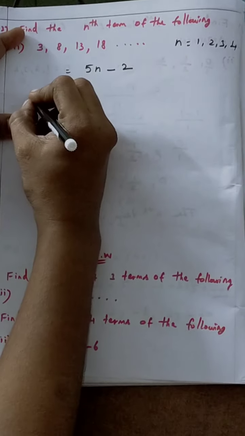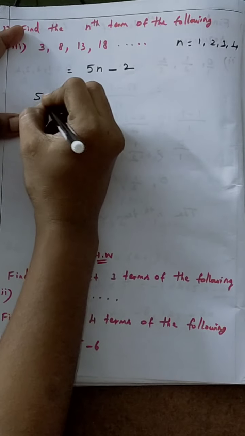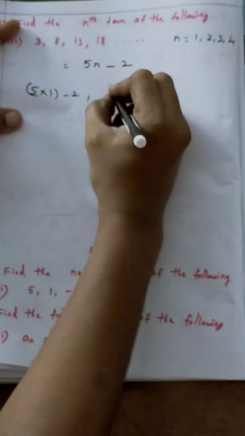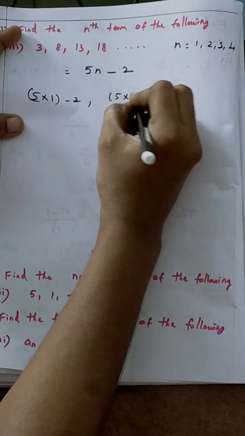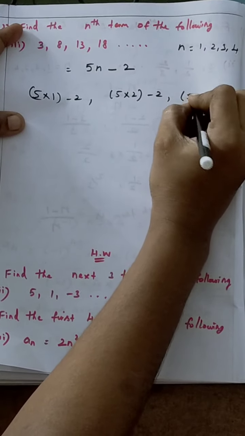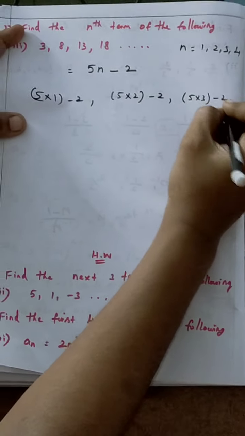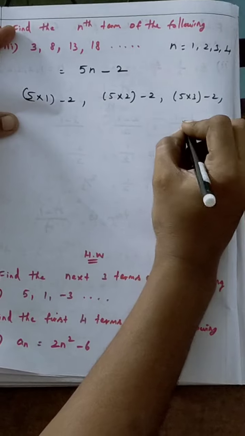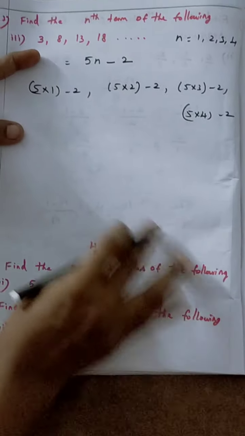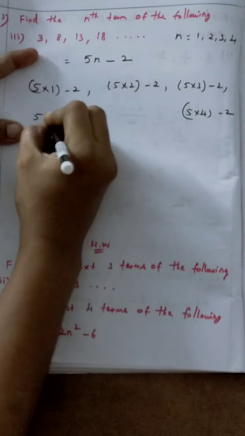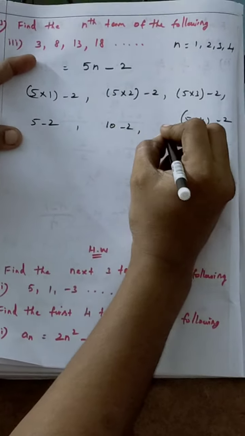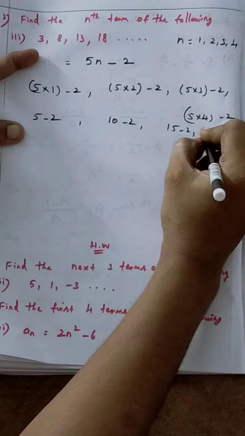So see the term. Substitute the value: 5 into 1 minus 2, next term 5 into 2 minus 2, third value 5 into 3 minus 2, fourth value 5 into 4 minus 2. Check the answer. 5 ones are 5, 5 minus 2, next one 10 minus 2, next one 15 minus 2, 20 minus 2.